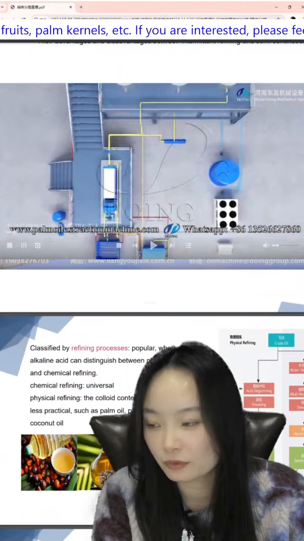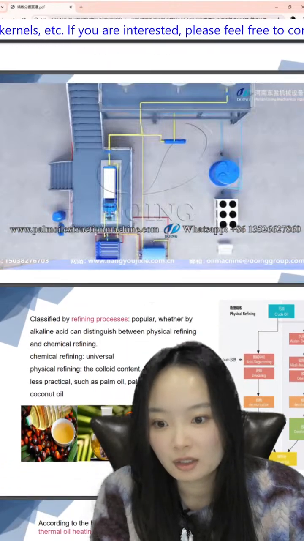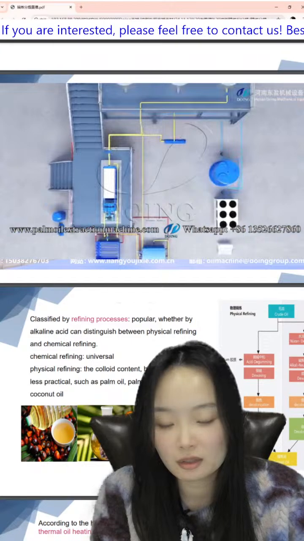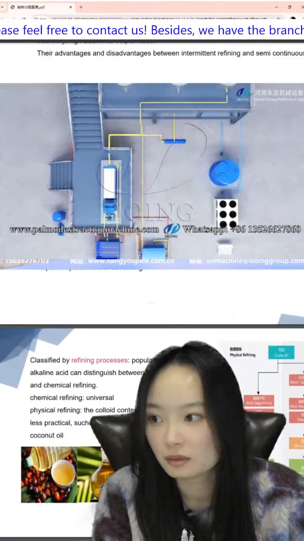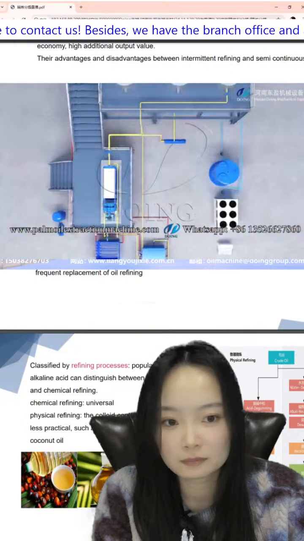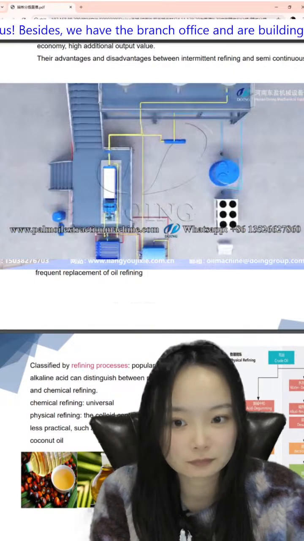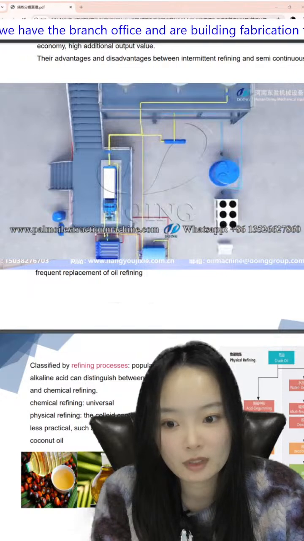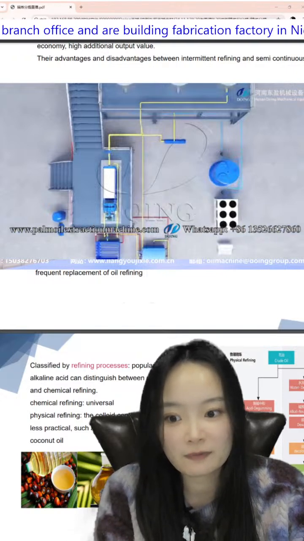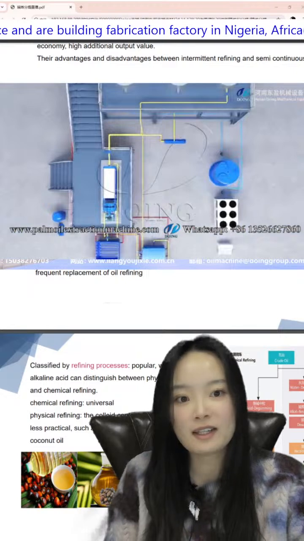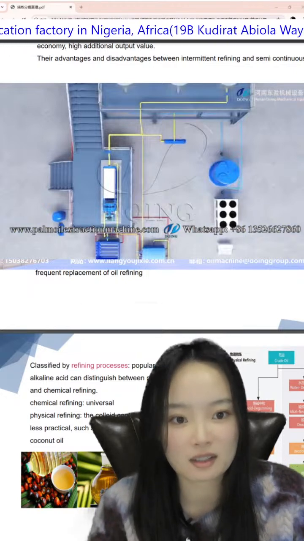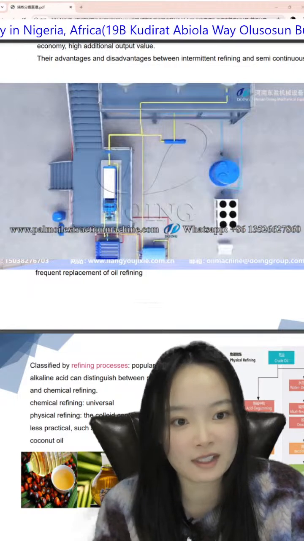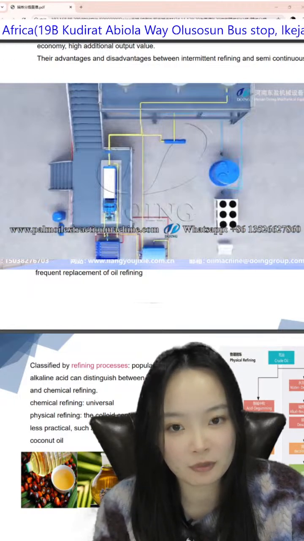Let's move to the last part. Classified by the refining process, we can distinguish between physical refining and chemical refining.